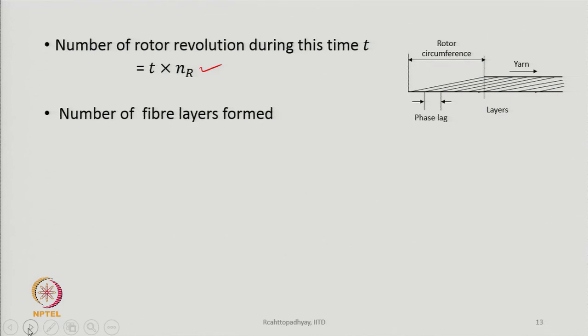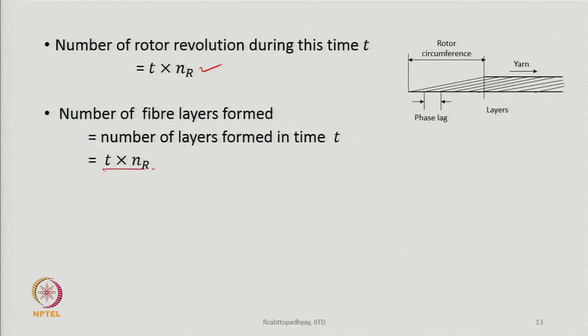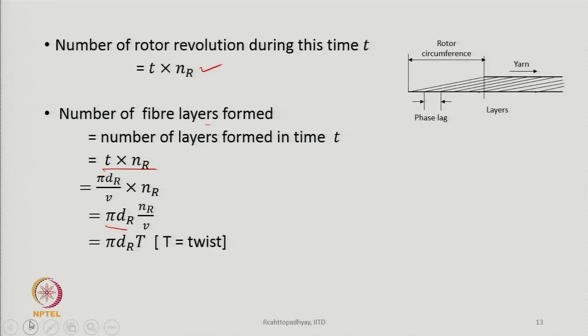So, every revolution of the rotor makes one layer. So, so many revolutions in time T, same will be the number of layers that will be formed. So, T into nr is going to be the number of layers formed. If T is pi dr by V, so it is pi dr into nr by V, that is the number of layers.